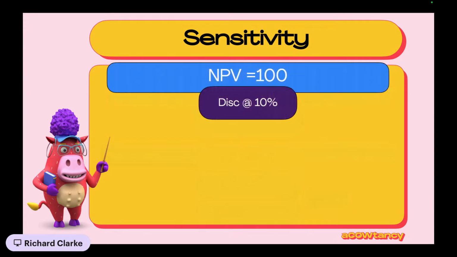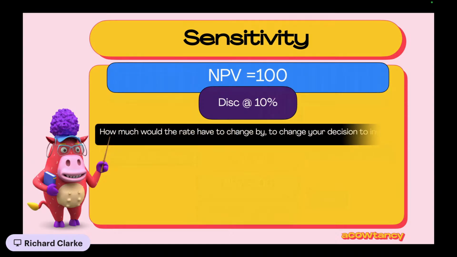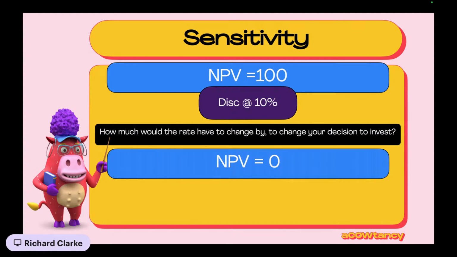So let's say we made an NPV of 100 when the discount rate was 10%. How much would the rate have to change to change our decision to invest? We discounted it at 10% and it's giving 100. We need more information: what would the discount rate be to get me to 0, because that's when I change my mind. If we said 18%, the discount rate has to change by 8, which is 80%.